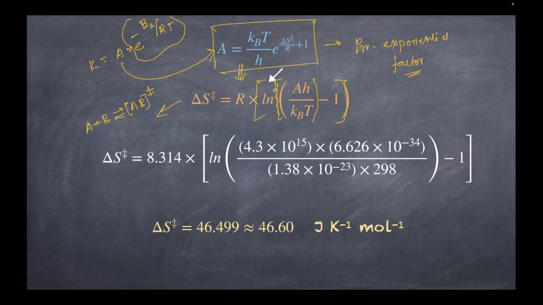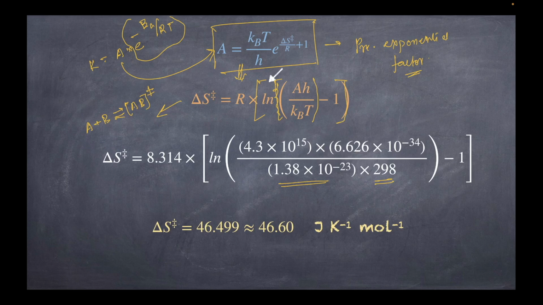So delta S double dagger will be 8.314 times ln of Ah by kBT, that means 4.3 times 10 to the power 15 times 6.626 times 10 to the power minus 34, kB means 1.38 times 10 to the power minus 23, and T is 298 Kelvin, minus 1.